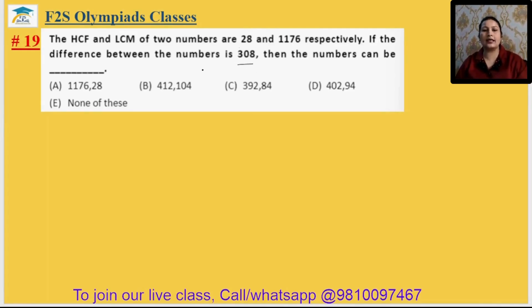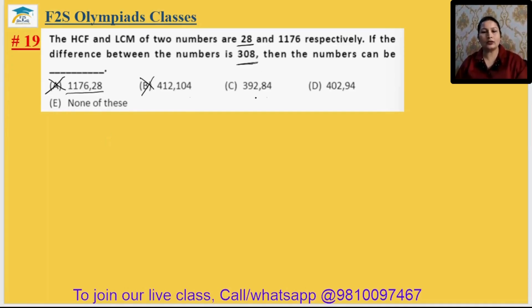Since it is written that the difference between the numbers should be 308, in option A the difference between these two numbers is not 308. A is rejected. Now come to option B. 28 is the HCF, and the HCF is the number which can divide both numbers. If you divide 104 by 28, you can find it is not divisible, so it will be rejected.